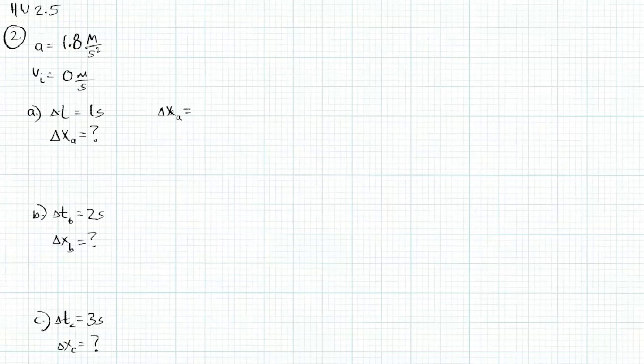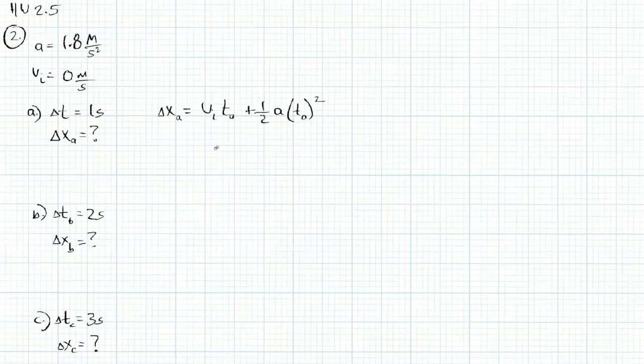That goes like this: our displacement A is equal to initial velocity times t of A, plus 1/2 times the acceleration times time A squared.